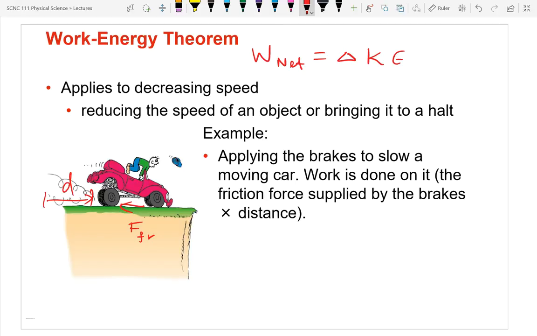Is the force of friction doing positive work or negative work? They're opposite directions for the distance traveled and the force. If the force is opposite to the direction it moves, it's negative work.